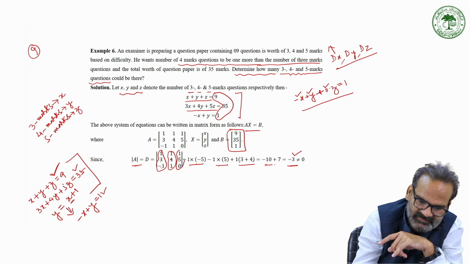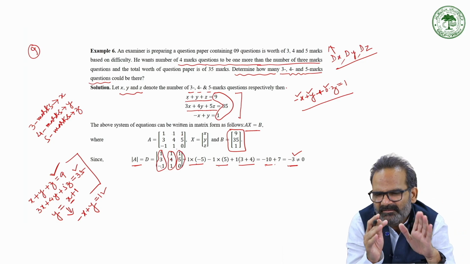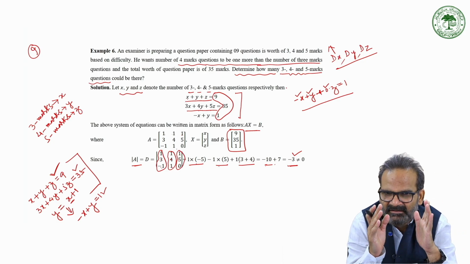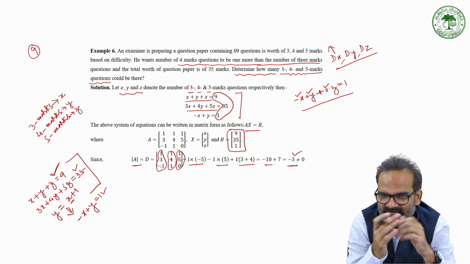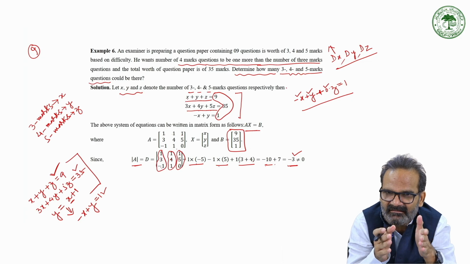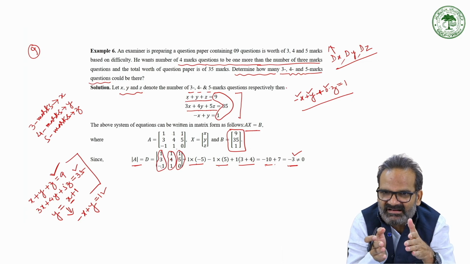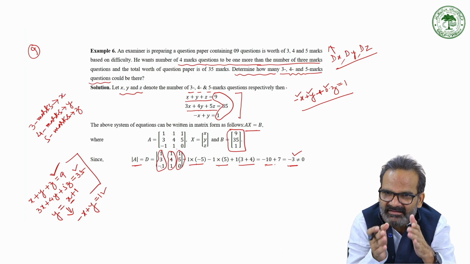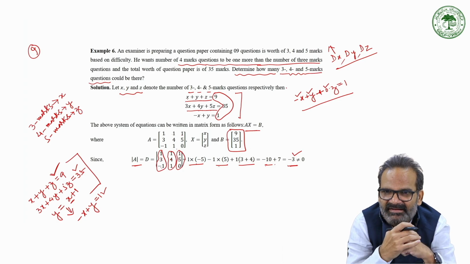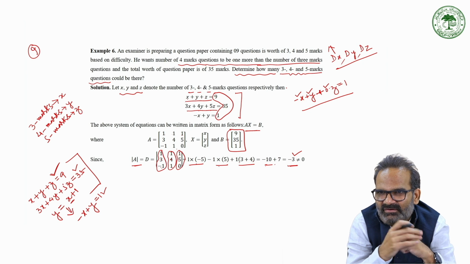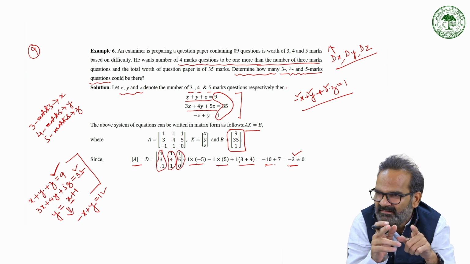Similarly, Dz can be obtained by simply replacing the third column of the determinant A by 9, 35 and 1. So first, second and third columns are respectively replaced by the matrix B, that is 9, 35, 1, in the given determinant to find out the values of Dx, Dy and Dz.